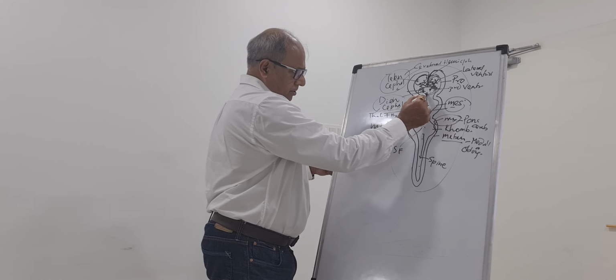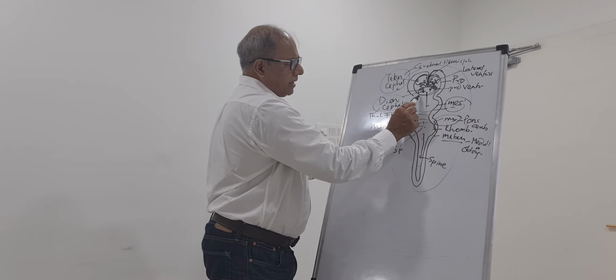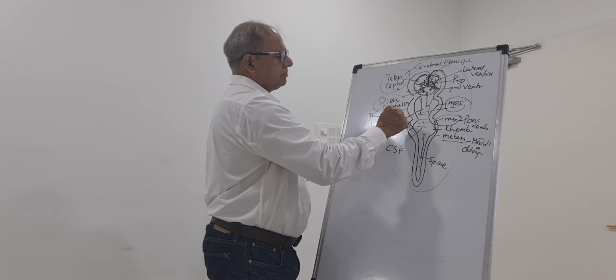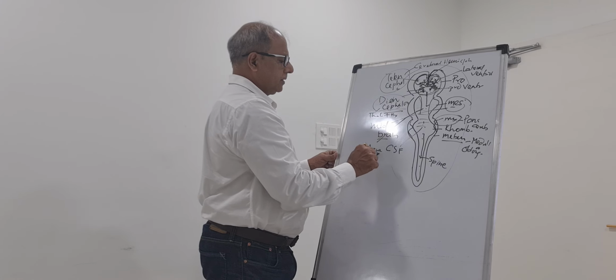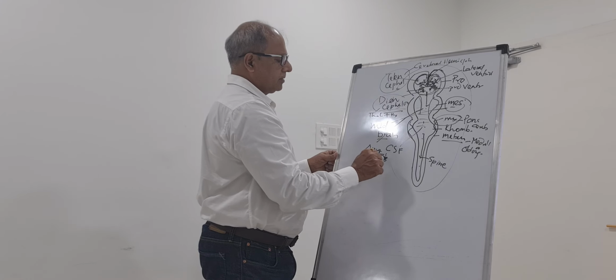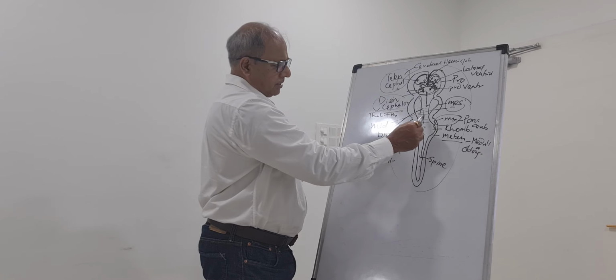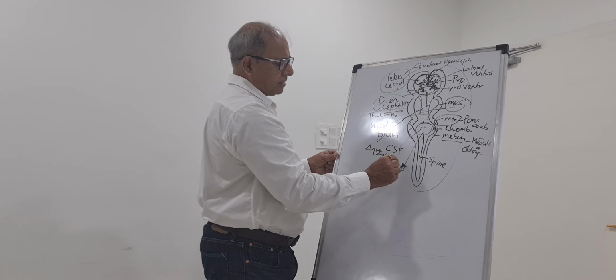Now when it comes here, they grow and it becomes a slit like this. So it becomes the aqueduct of Sylvius. This aqueduct of Sylvius goes here, and there is again a little dilatation. This is called the fourth ventricle.